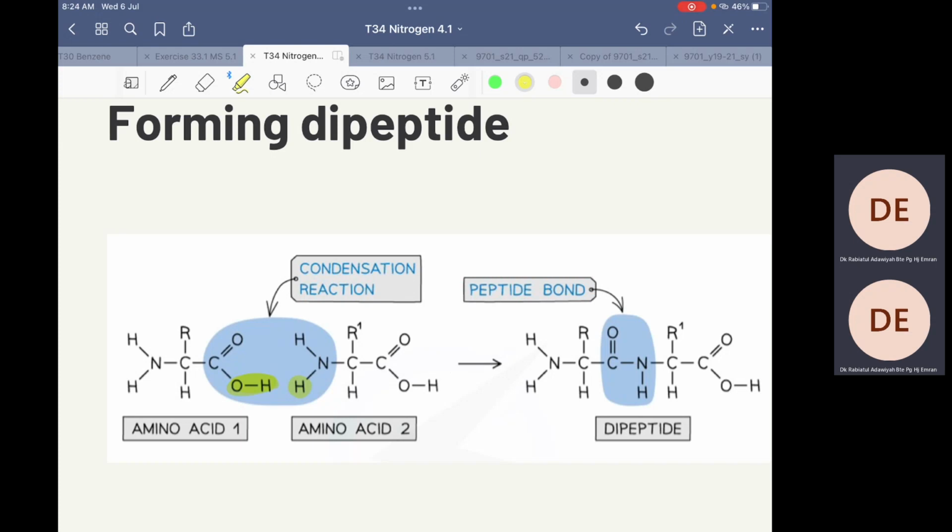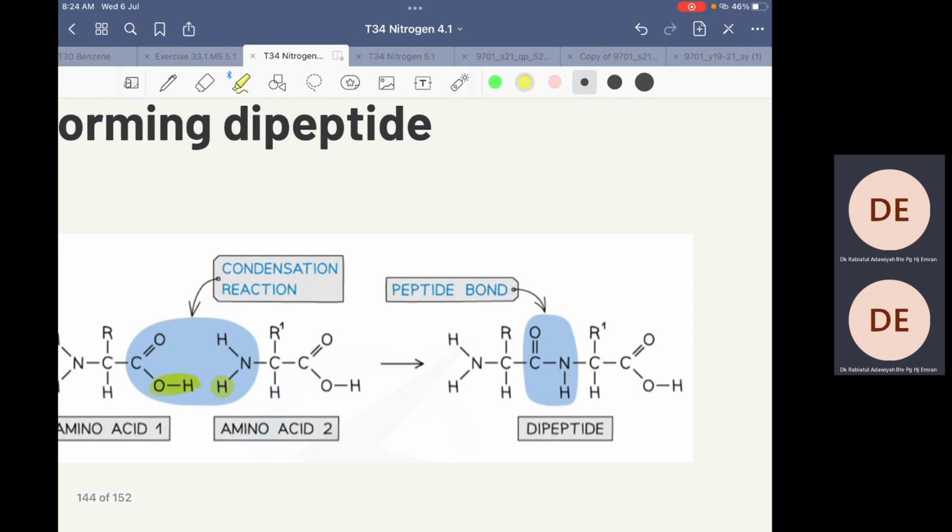So as we combine these two amino acids, 1 and 2, we are also losing water, which is not shown in this equation, but I'll just add that on, H2O. Okay, and then you can see that we form the C double bond O NH bond, which is an amide bond really, but since it is made up of amino acids, we call it a peptide bond.